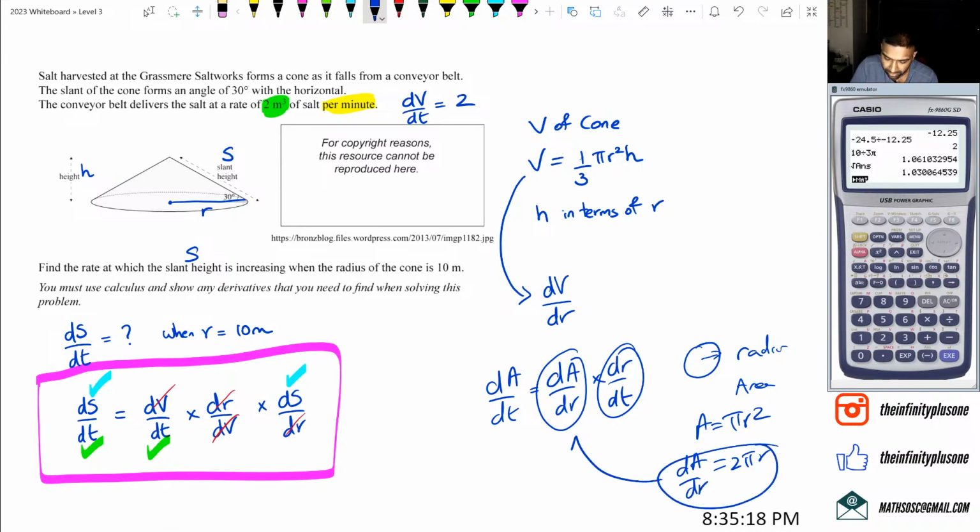So this thing here ends up here. Whatever rate the radius is increasing at, let's say the radius is increasing by 2 meters per second, then this one would be 2 meters per second. So that's how you figure out how fast the area is expanding. That's what we're trying to do in the pink box: figure out all the things we're going to need so that we can actually solve this question.